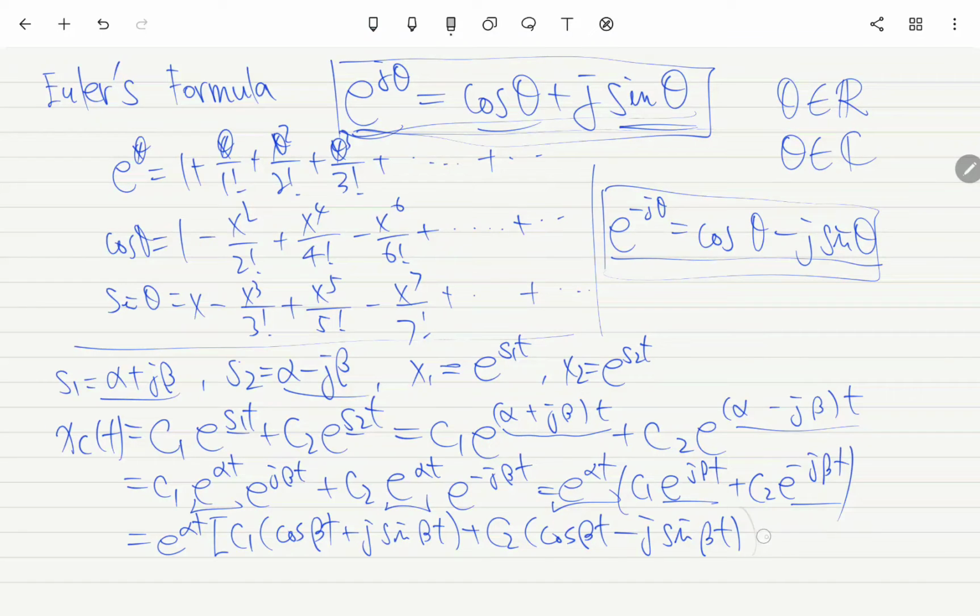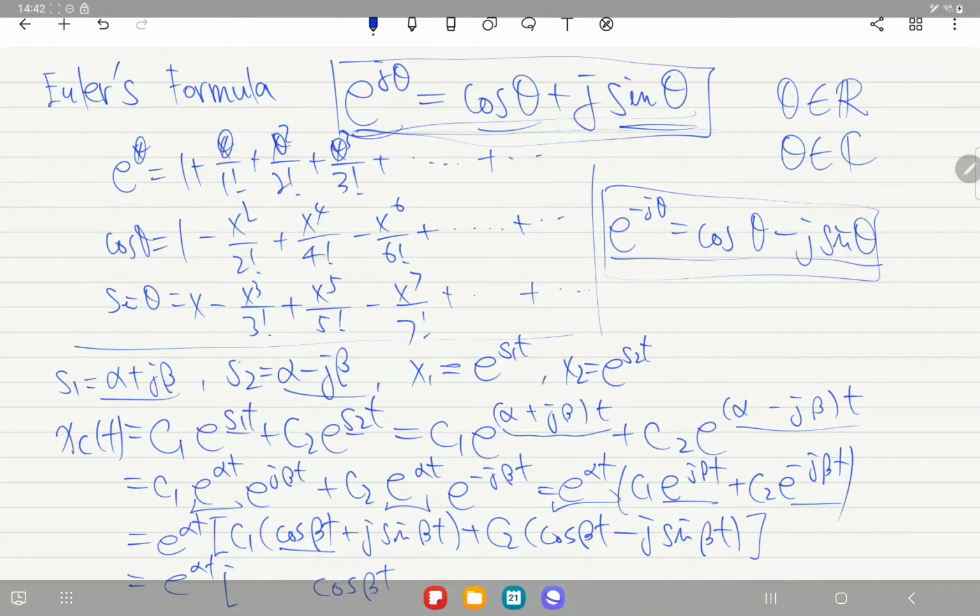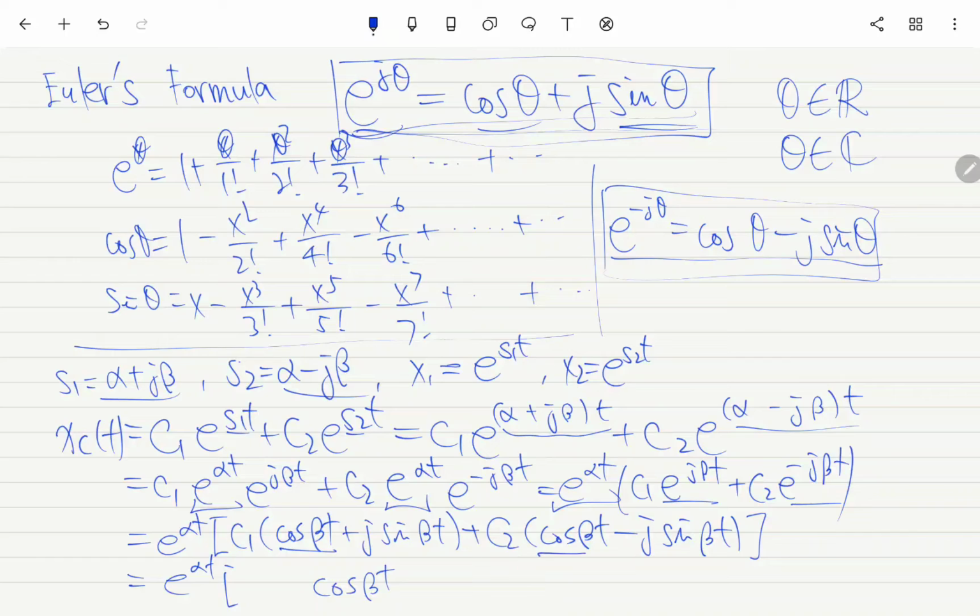Okay, so here we try to collect the terms. Finally we have cosine of beta t, which comes from this thing and also this thing, so it is c1 plus c2.